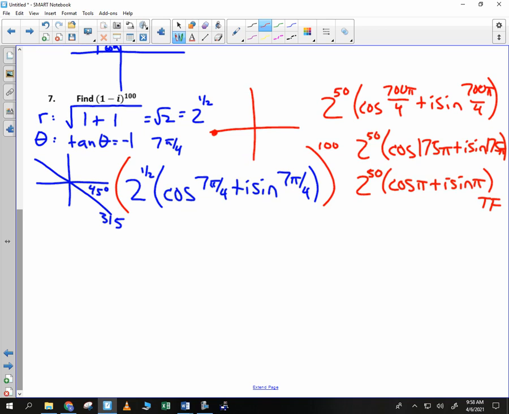Let's take it and turn it into complex form. We're over here. Is cosine the x value or the y value? X. What's the x value over here? Negative 1. What's the y value? 0.